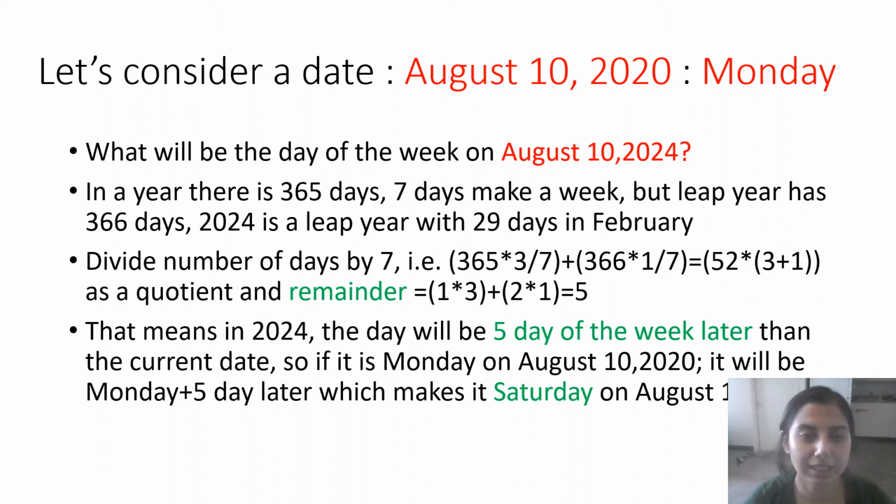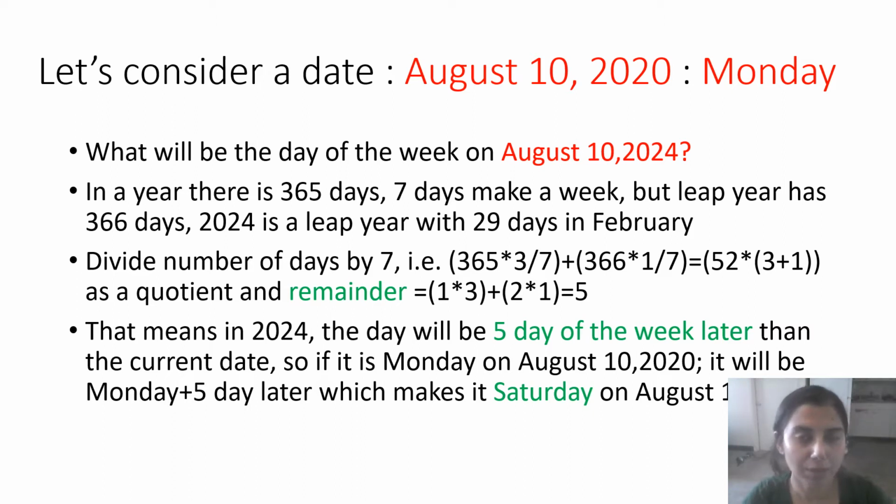So we consider the total number of days and we have to divide it by 7. For the first 3 years you have 365 days, so you will multiply 3 by 365 divided by 7. To this you will add the last year's 366 days, that will also be divided by 7.